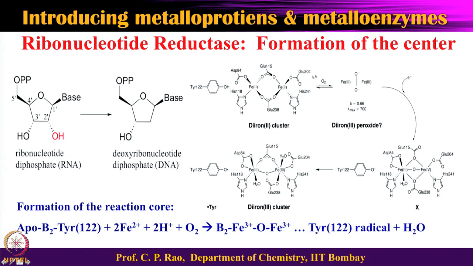When it is exposed to oxygen, it will go to the iron 3 form. Of course, it is not very well understood in terms of the product, but iron 3 is very well understood from EPR and other studies. At this stage an electron reduction will activate this part and generate the tyrosine kind of species, and the oxidized form, through a further intra-redox step, will lead to the tyrosinyl radical.